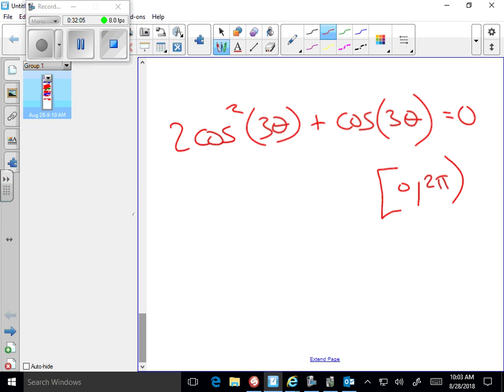So if that one's pi over 2, and that one's 3 pi over 2, this one should be 5 pi over 2, and then 7 pi over 2, and so on. That came from setting this factor equal to 0. You're still working on this factor equal to 0.